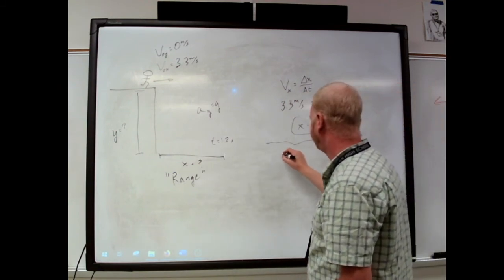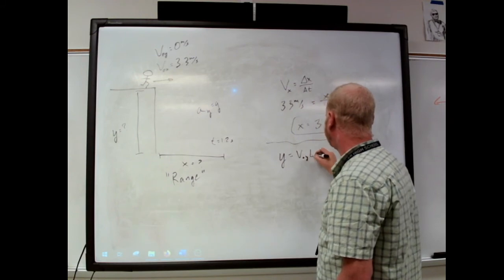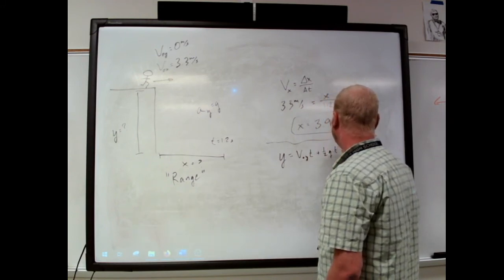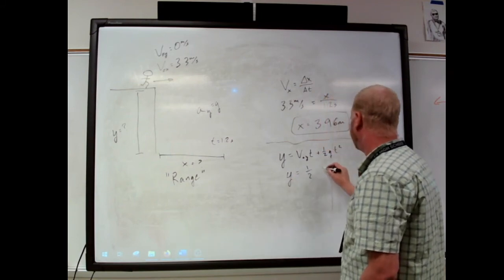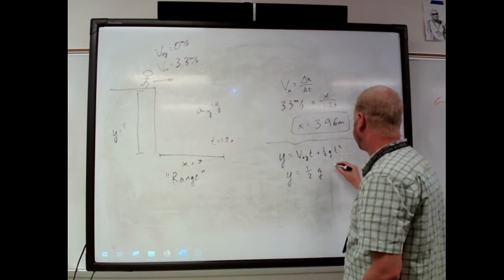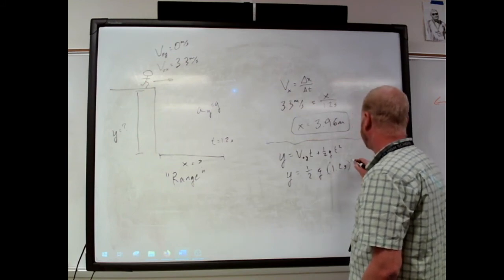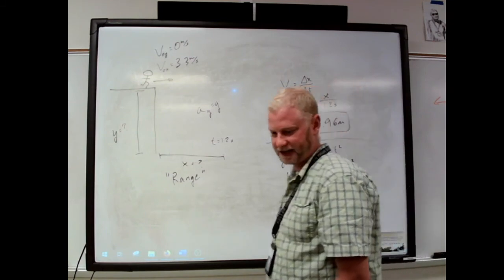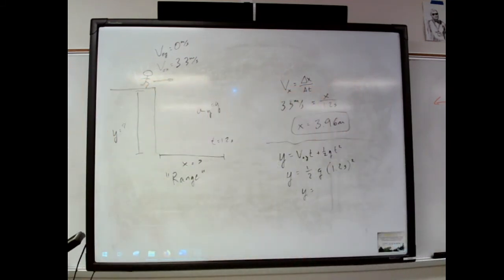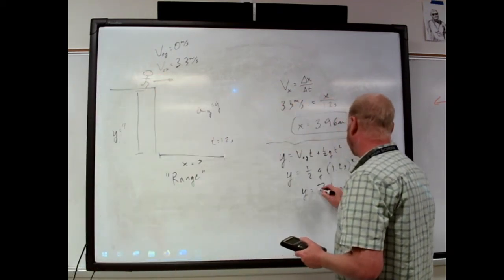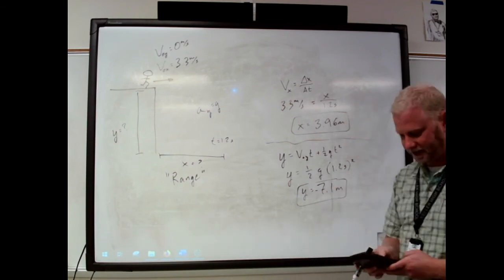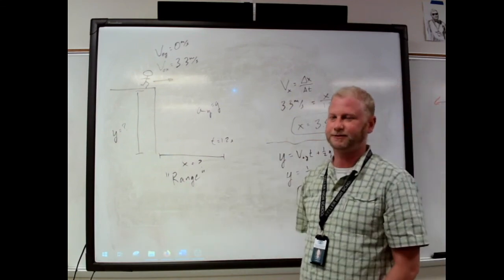So we could use y equals v naught y t plus 1/2 g t squared, where our unknown height is equal to 1/2 of g, negative 9.8 meters per second squared, times 1.2 seconds squared. And so we get a vertical displacement of 1.2 squared times 9.8 divided by 2, or 7.1 meters. And it comes out negative because the displacement is a downward displacement.